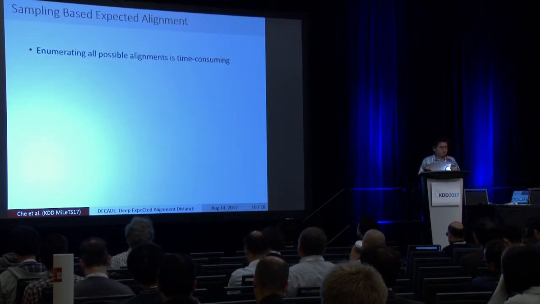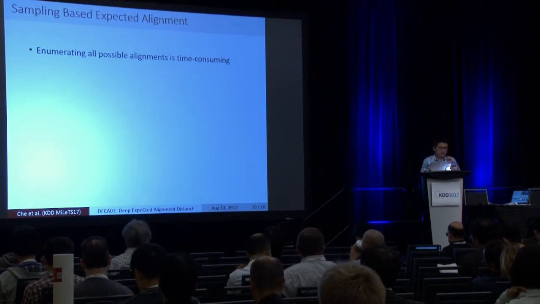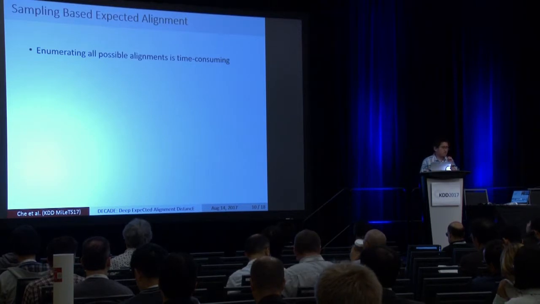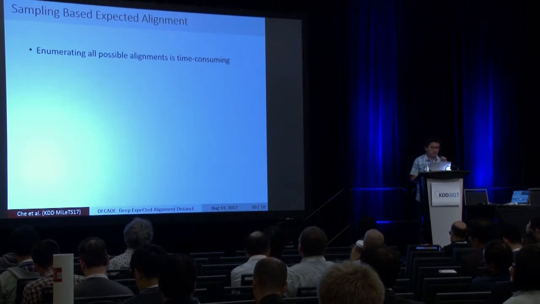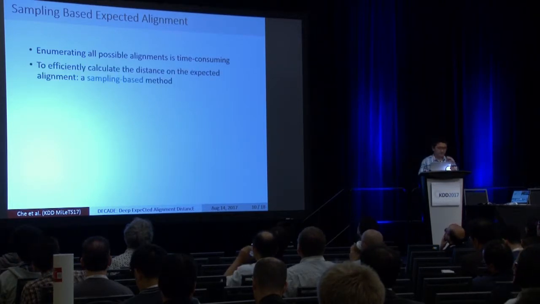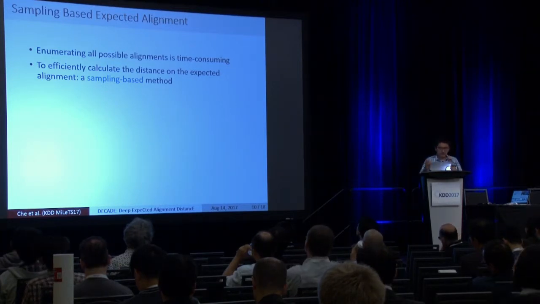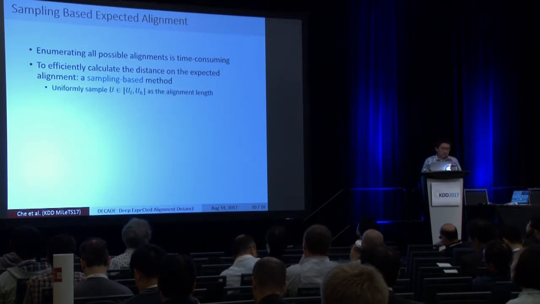Given the original definition of the expected alignment, if we want to calculate the distance, we need to enumerate all the possible alignments, and this can be very time consuming. In order to fix that, we introduce another very simple and effective method, which is based on sampling, to calculate the distance on the expected alignment very fast. The idea is quite simple.